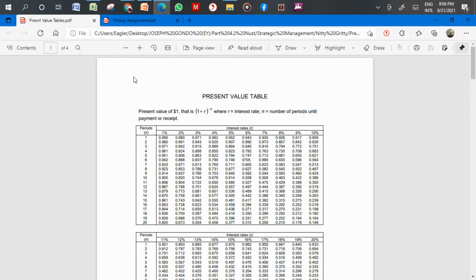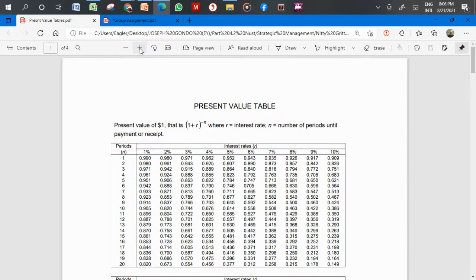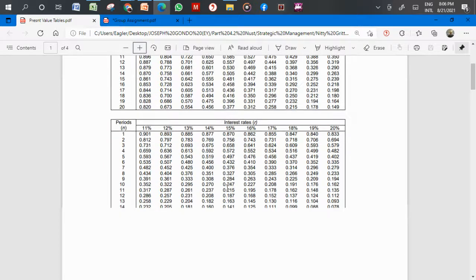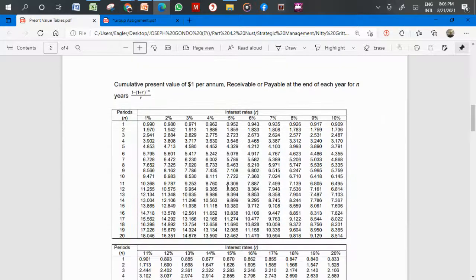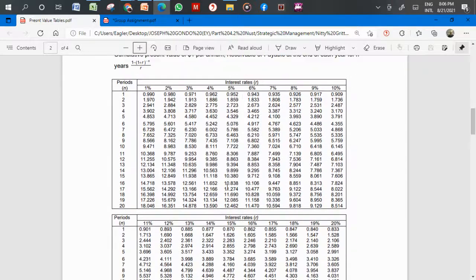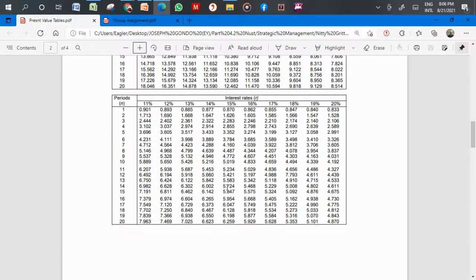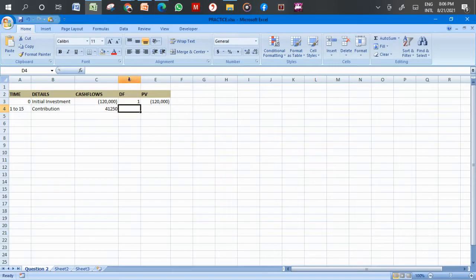Let's use the tables. So this table, our discount rate is 15%, and it's for 15 years. So we are talking about this column and this row. Our present value factor or discount factor is 5.847.